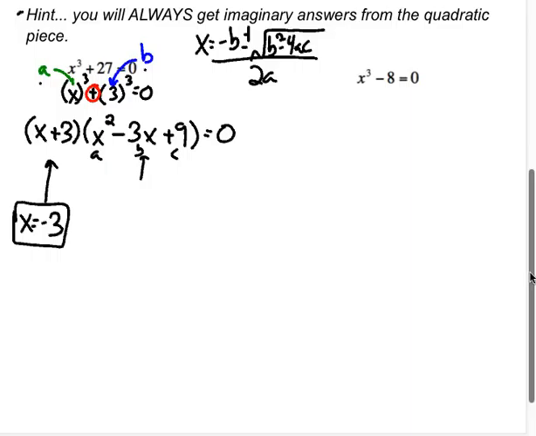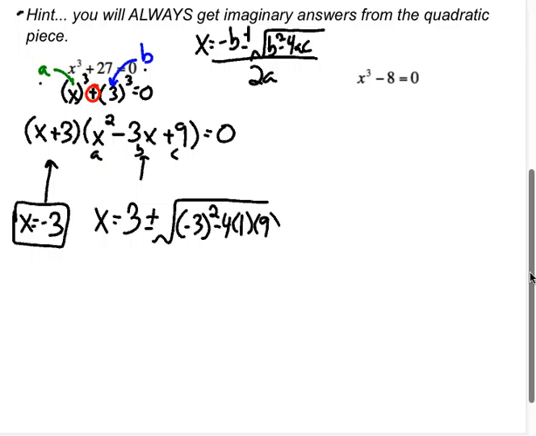Okay, so x equals negative b. Well, here, b on the quadratic is negative 3, the opposite of that is positive 3, plus or minus the square root of b squared minus 4 times a times c, all over 2 times a.